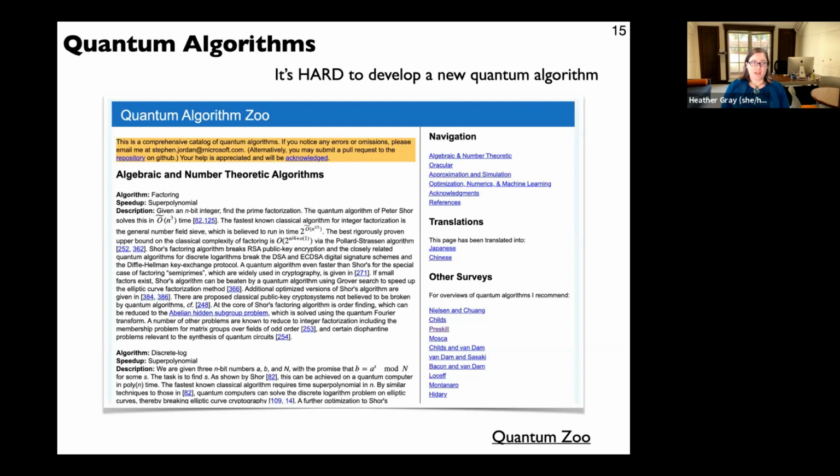Another reason that it's hard is because a lot of people think that it's only useful to run an algorithm on a quantum computer if you're either running one that cannot be run on a classical computer or where a quantum computer is expected to achieve exponential speed up. So many people are not interested in just running anything. They're only interested in running ones where you can actually prove that the quantum computer is better.